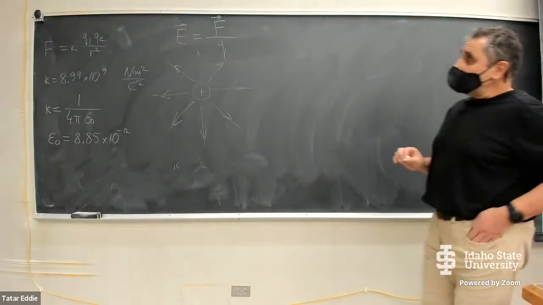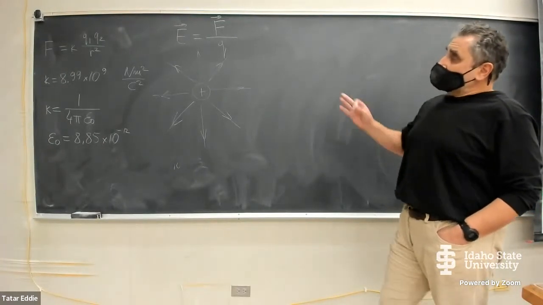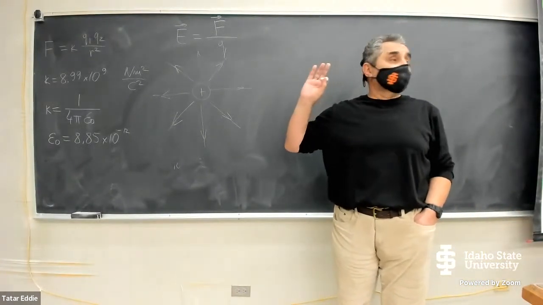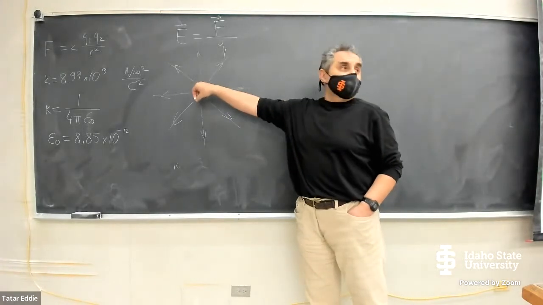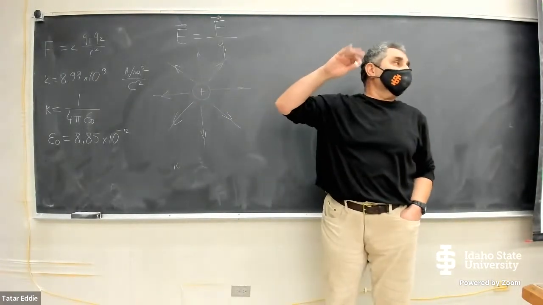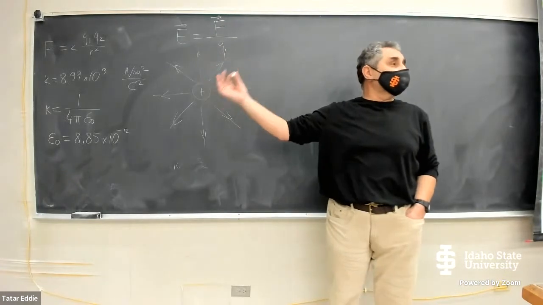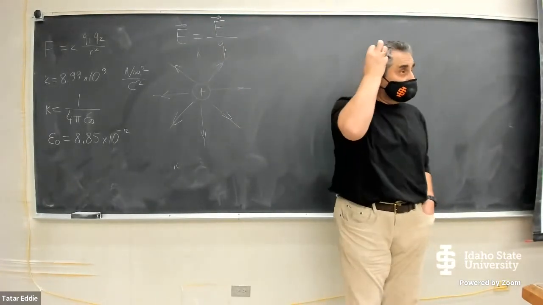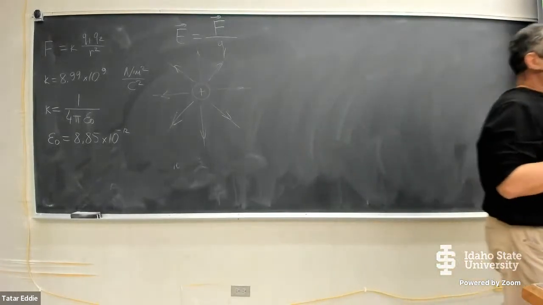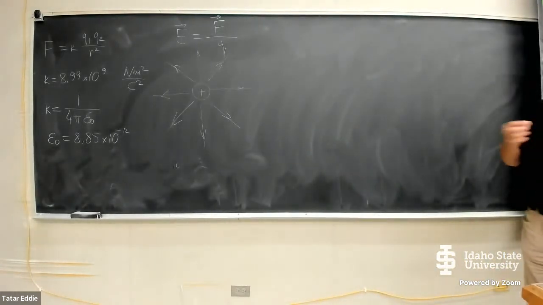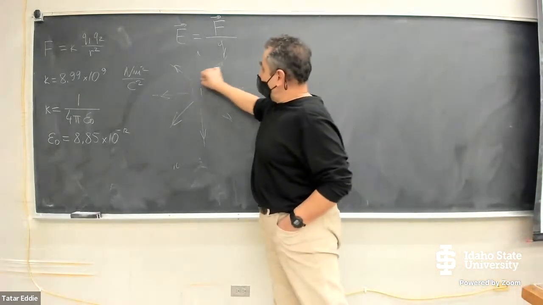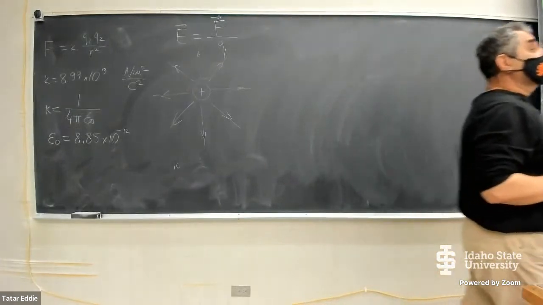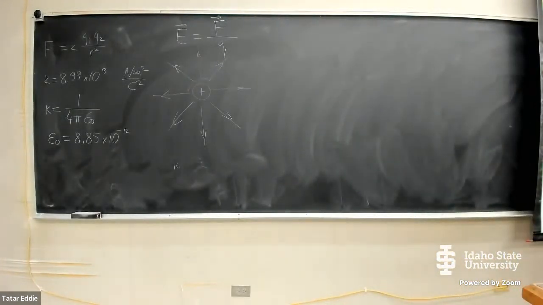Now, look, last time we described three properties of electric field lines. They originate from positive charge or from infinity, and they end up at negative charge or at infinity, right? Like in this case here. The second property was that higher density of electric field lines indicates stronger electric field.